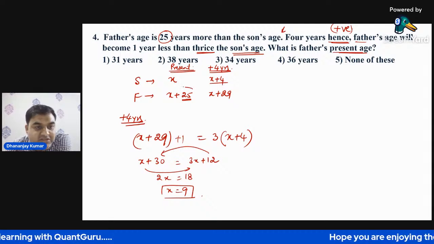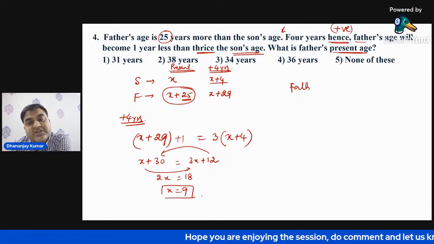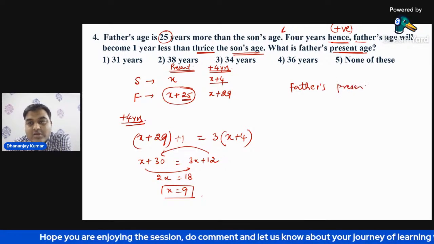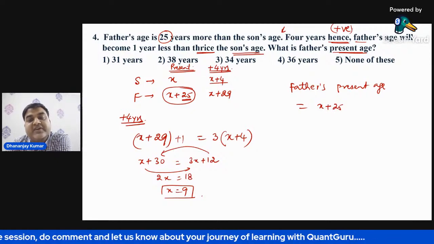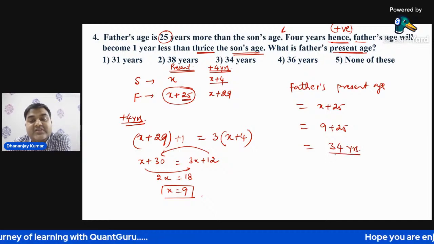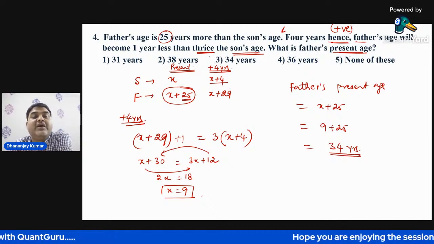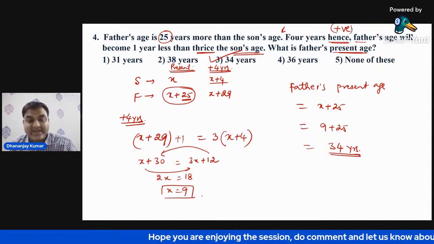Father's present age is x plus 25, right? So father's present age is equal to 9 plus 25, which is nothing but 34 years. Father is 34 years old, and option 3, which is 34 years, is the right option.